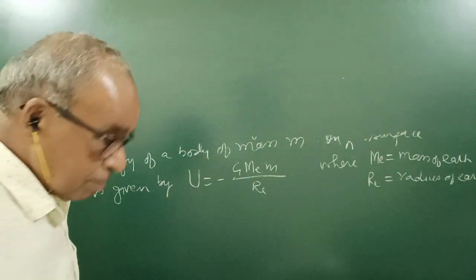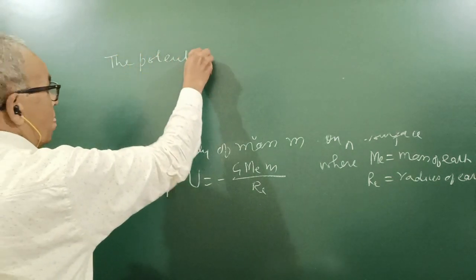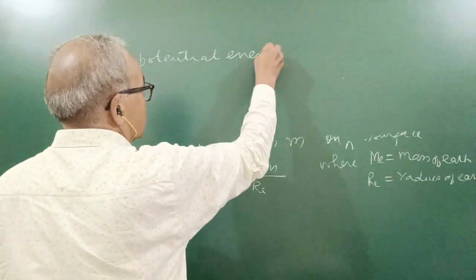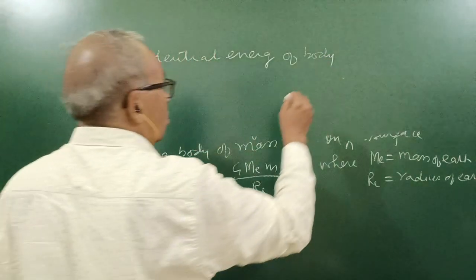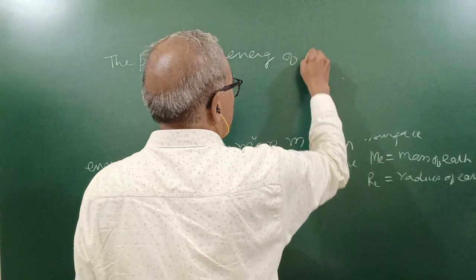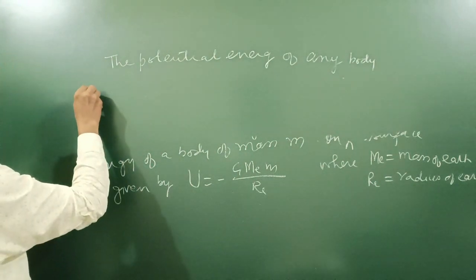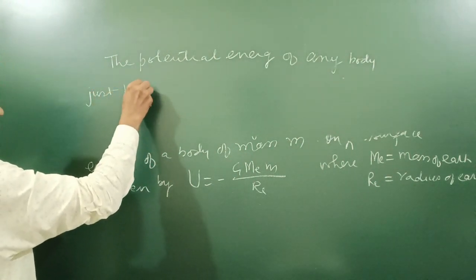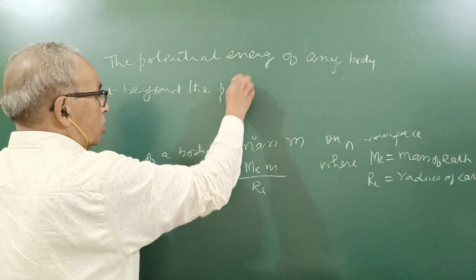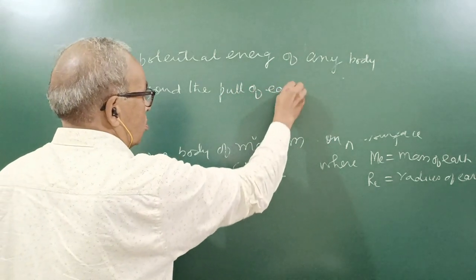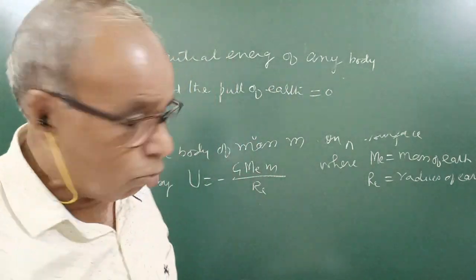and the potential energy of any body just beyond the pull of Earth is zero. Beyond the pull of Earth means no force of gravitation acts on the body.